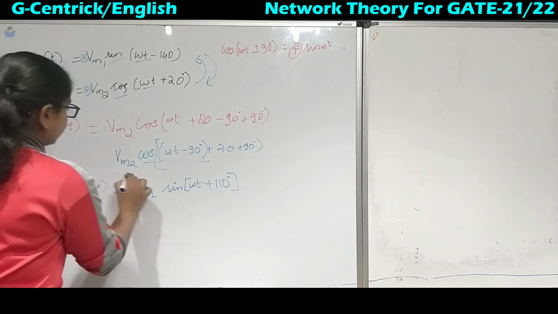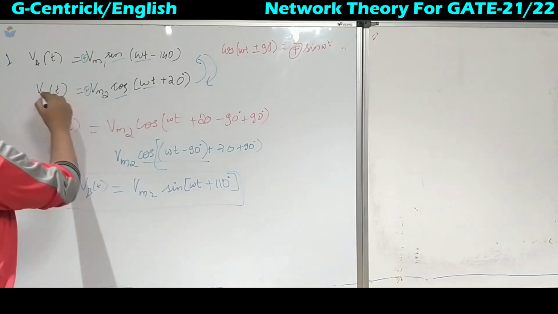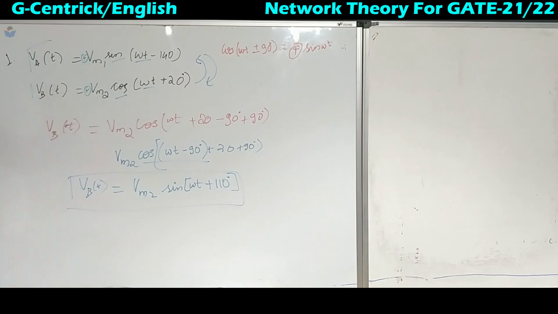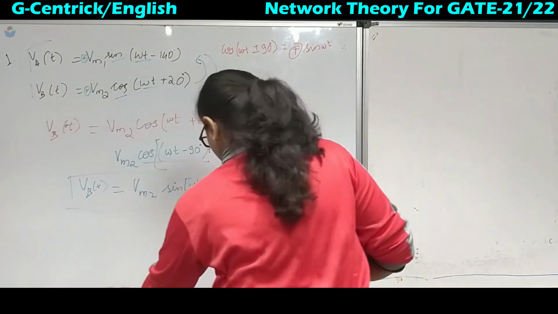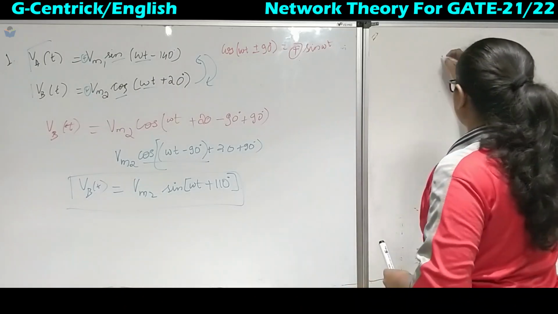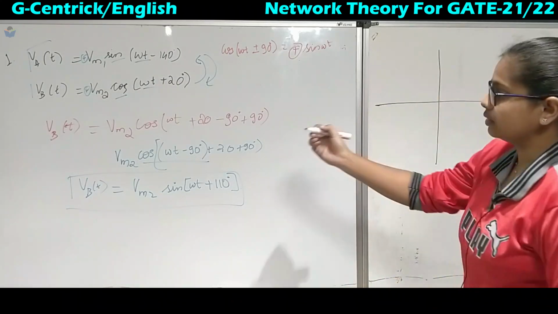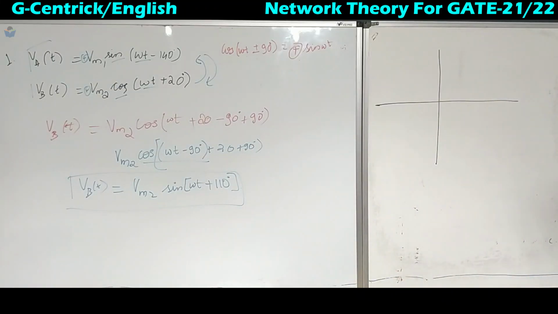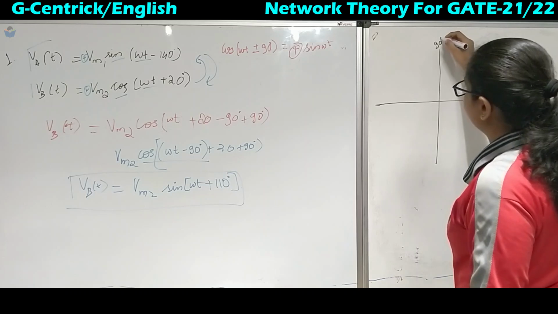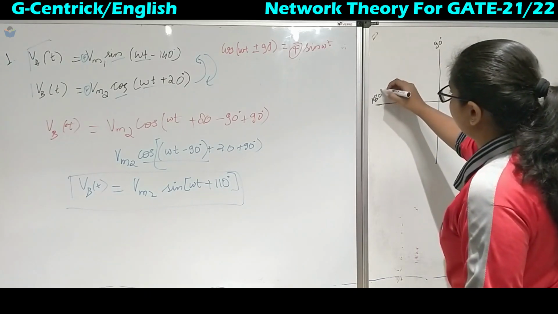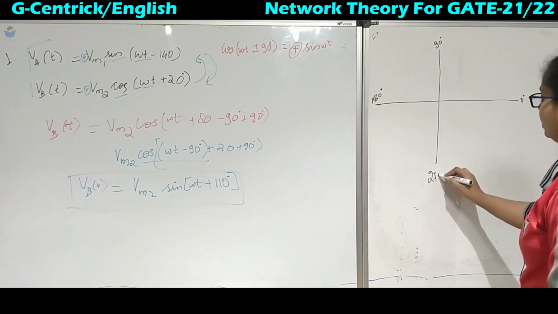So now we have this second signal and the first one. Now we will draw the waveform of this using the trigonometric function that we learnt some time ago. So this is 0 degree, this is 90 degree, this is 180 degree, this is 270 degree.